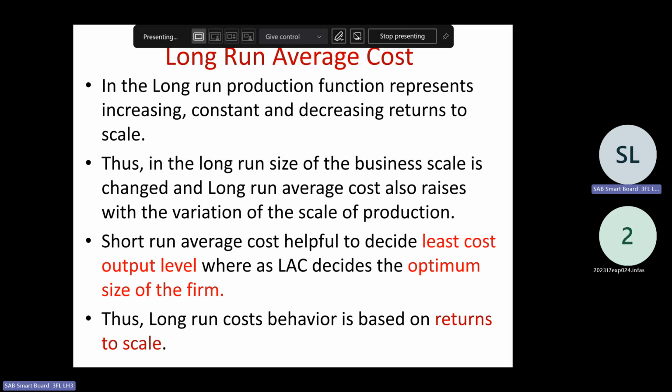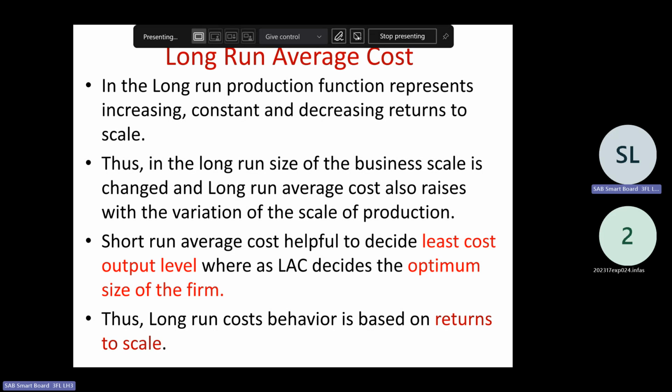Then we come to the long run cost, and we get the long run average cost. When you form the long run average cost, we also look at the short run average cost, because essentially the long run average cost is formed from the short run average costs.